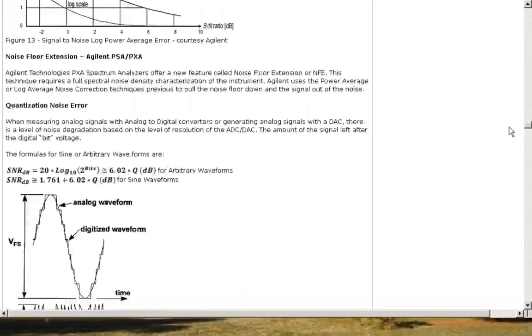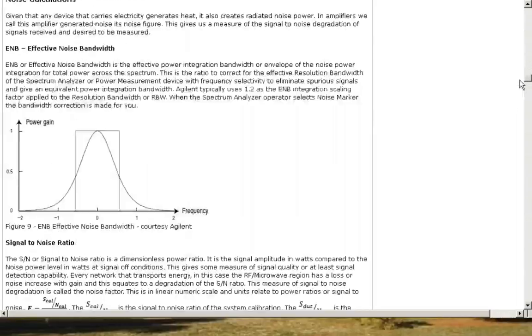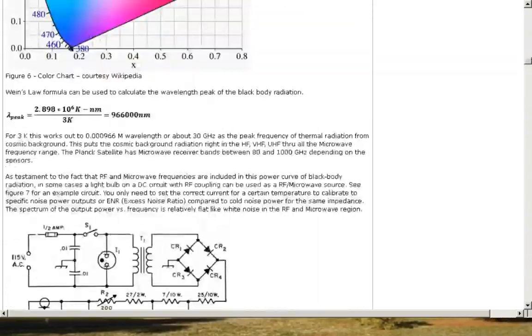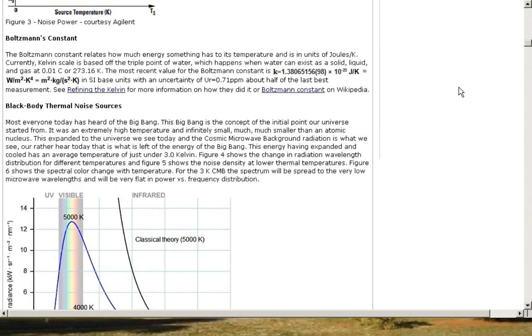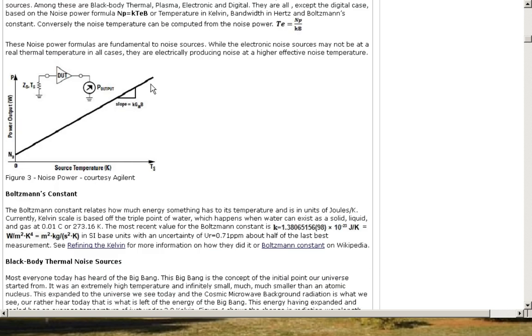Well, let's take a look at this. Remember how I said Boltzmann's constant was related to... So anyway, it uses the most recent value for Boltzmann's constant, etc. Source temperature generally goes up linearly.